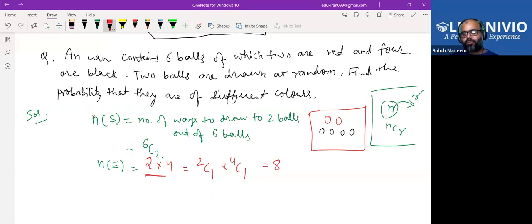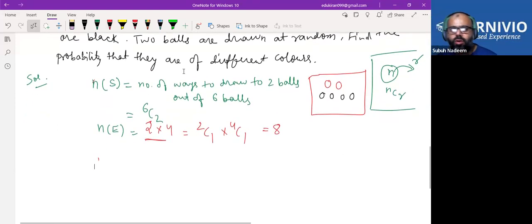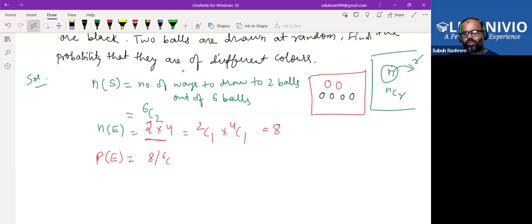Okay. Yes, sir. Now we come to probability. When we have got the number of elements in the sample space, we have also got the number of elements in the event. So what is the probability of event E? That is 8 by 6C2.